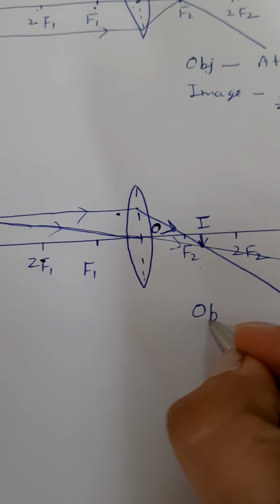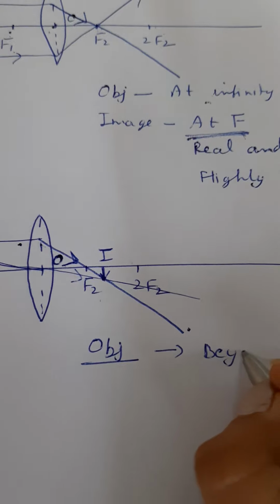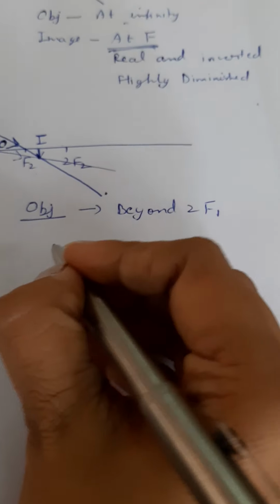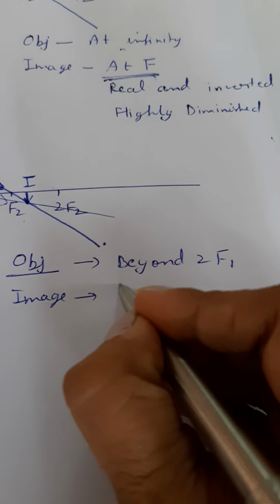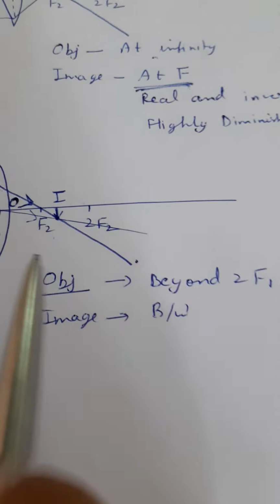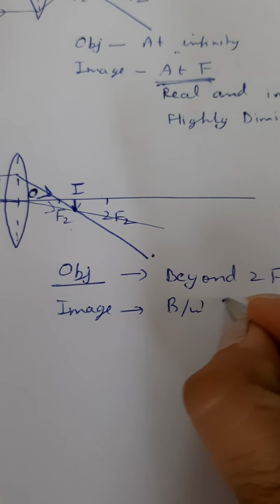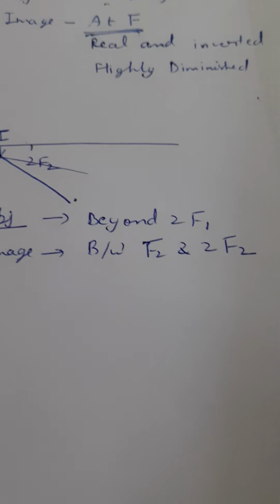So what is the position of the object? The object is beyond 2F1. And where will we get the image? The image is in between F2 and 2F2.